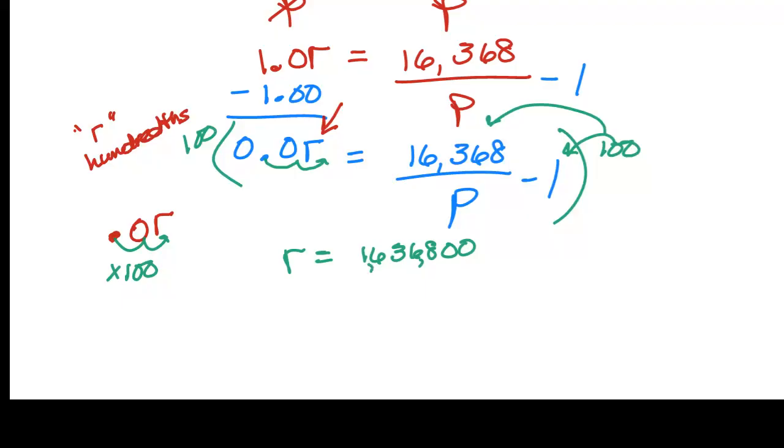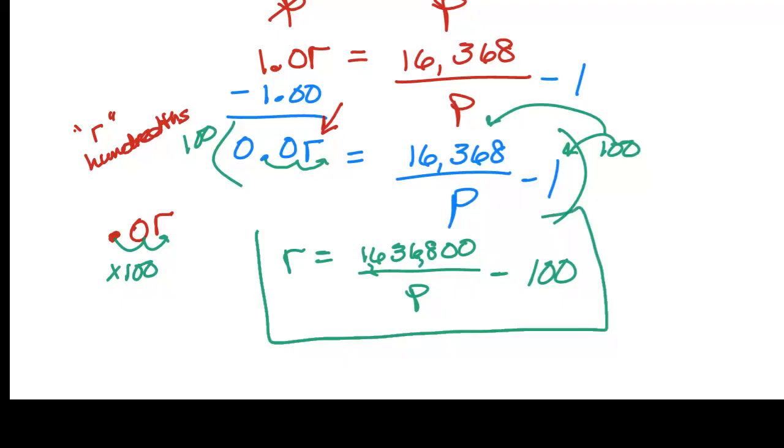So that's 1,636,800 over p, because we're just multiplying the numerator by 100, minus, what would this last term be? 100. Do we have r by itself? Yes. So that is the final answer.